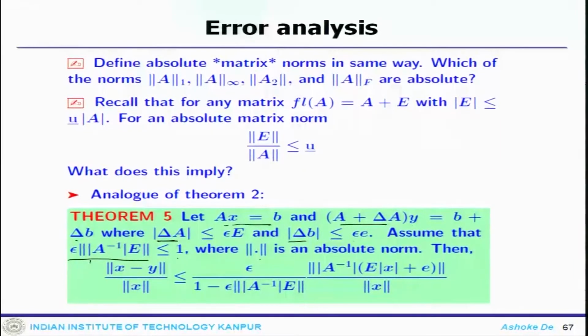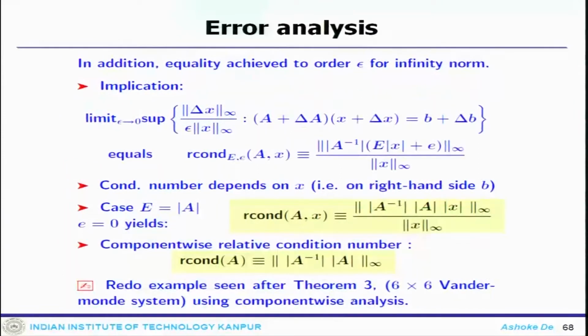Then the linearized bound would be the norm of x minus y divided by the norm of x less than or equal to this expression. One can also prove this.